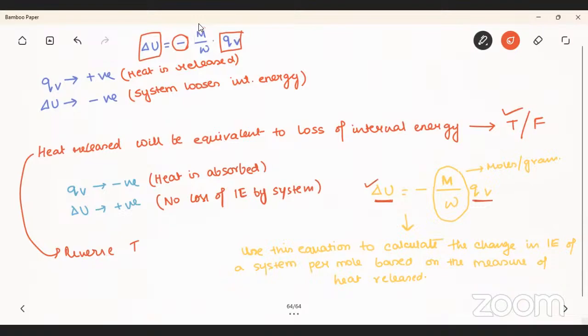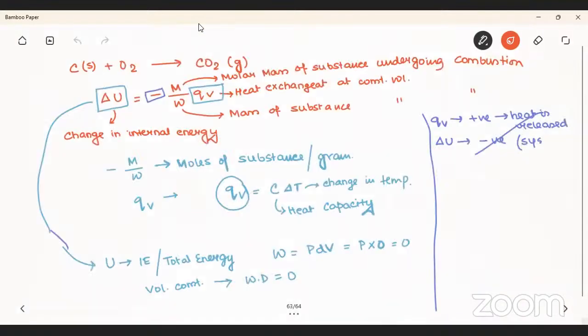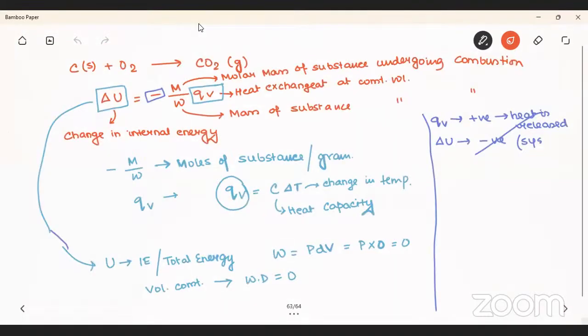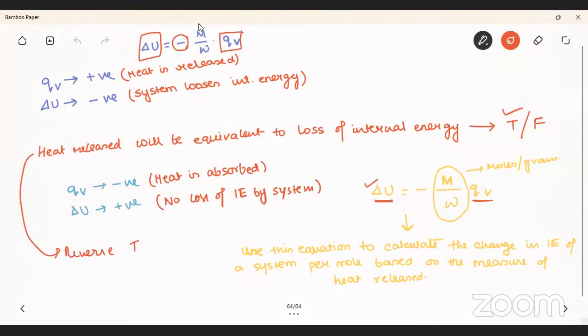If they have given the temperature and heat capacity, then use that formula. You simply have to remember all the formulas and see what is given in the question. Whatever is given, accordingly use that formula. That is the reason I am focusing mainly on formulas. So is this part clear?